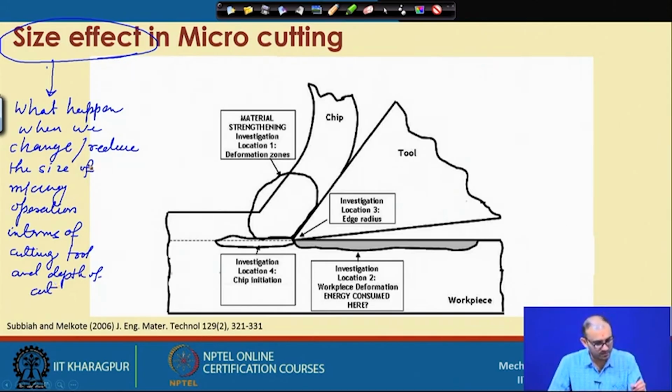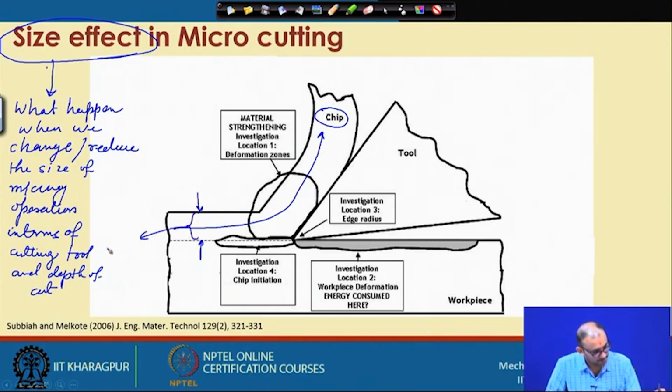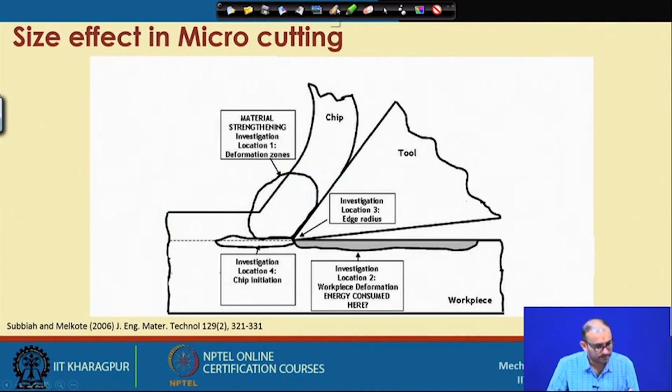Now we have this particular diagram, which is a well known diagram, and this is the chip which is coming out from the workpiece. This is the way it is going in this direction, and this one is called the uncut chip thickness. This is the chip going in this direction, this part is called the uncut chip thickness.